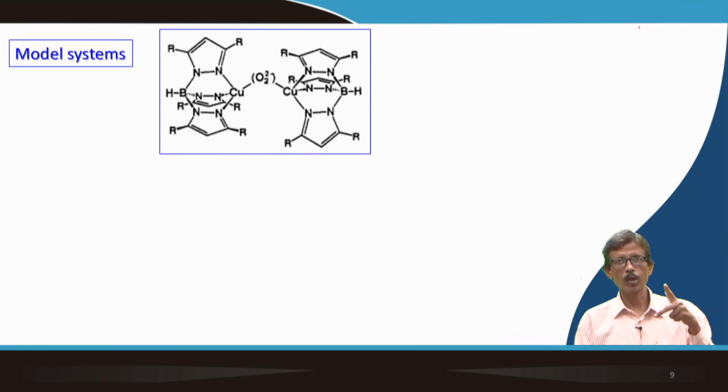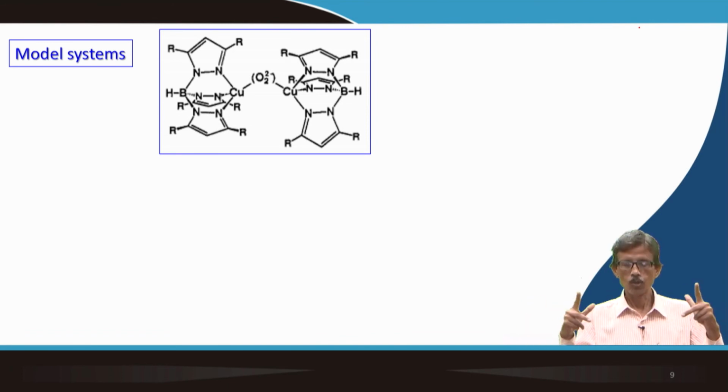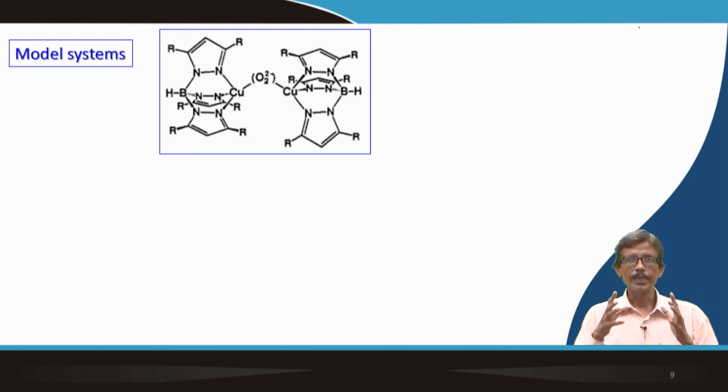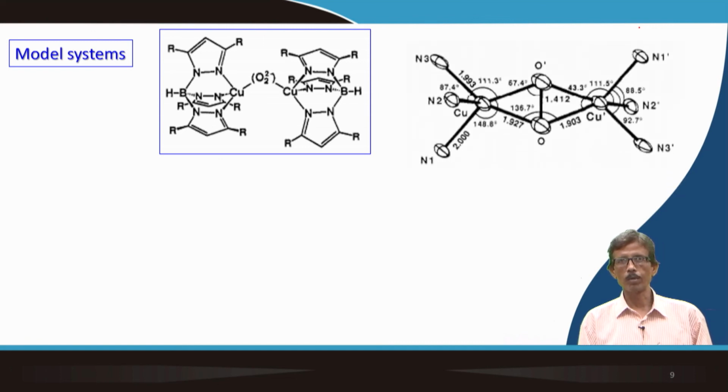So, trispyrazolyl borate is very useful, and we still study using this sort of ligand, a facially capping ligand. So, one face you can cap for copper and another face you can cap from the other side. So, basically that brings two copper centers together, and when no other monodentate donor atoms are available, like carbon monoxide, and if you bubble the oxygen molecule, it immediately goes and binds those copper centers, giving you this particular molecule.